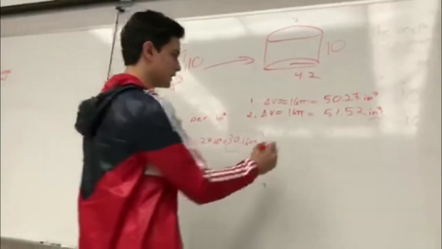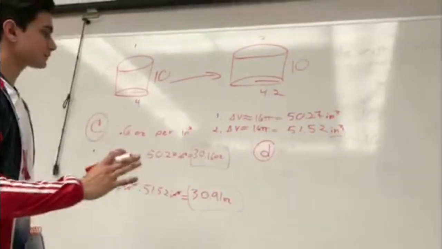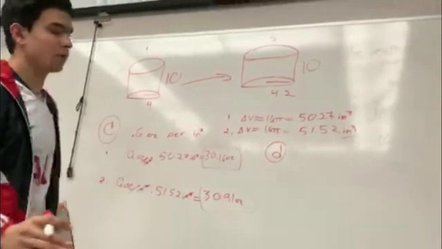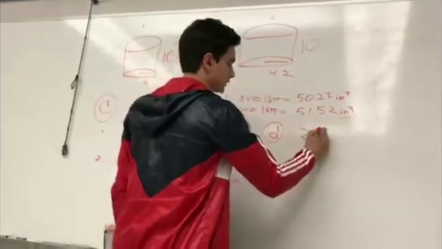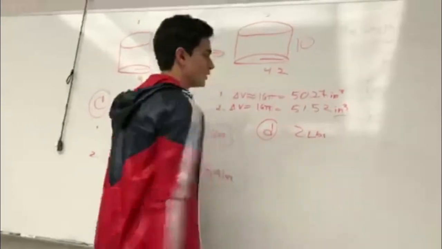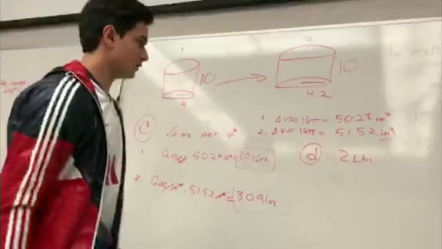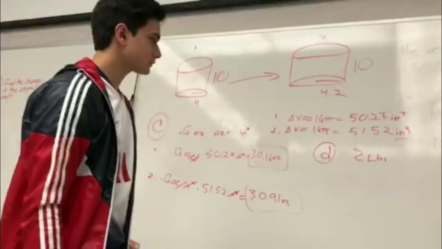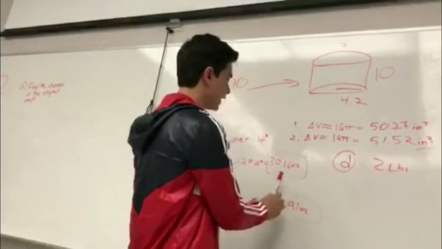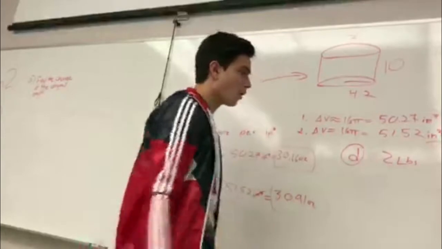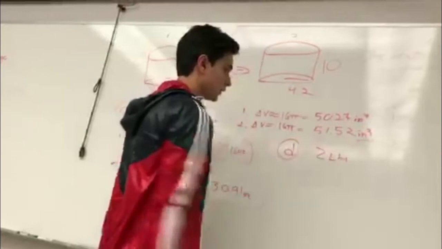Now for part D, we're told that there's a weight limit to each product of 2 pounds. It can't weigh any more than 2 pounds. If not, it's not allowed in the store. So we can convert the 30 ounces into pounds, or we can convert the pounds into ounces. Personally, I think it's much easier to convert pounds into ounces.